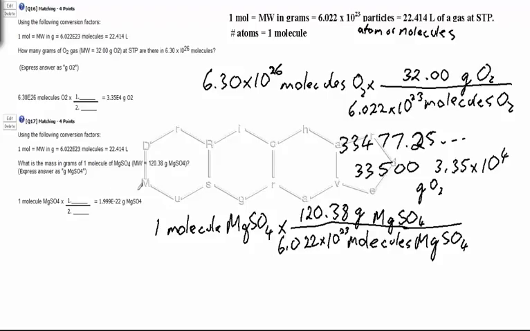And again, be careful to look at the magnitude and make sure that looks good to you. The important thing for both of these is to make sure that in your calculator you enter in the 6.022 times 10 to the 23 using your EE button like this, 6.022 EE23, or it could be EXP depending on your calculator.